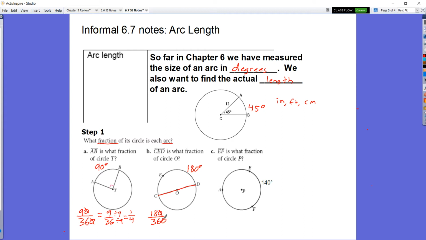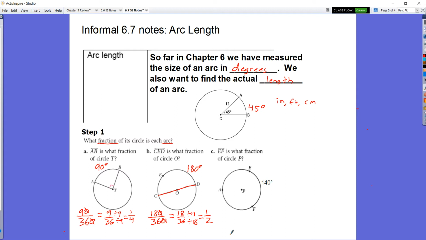We can get rid of those 2 zeros at the end, and we're left with 18 over 36, which we can divide both of those by 18 to get 1/2. All right, we already knew it was 1/2, but there's the extra math to prove that it is actually 1/2. All right, so we got 2 of them done so far.